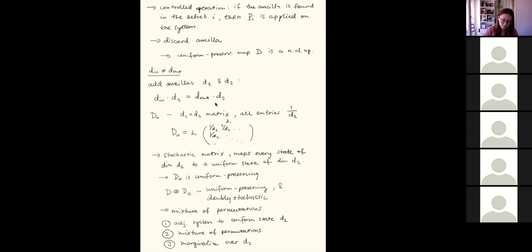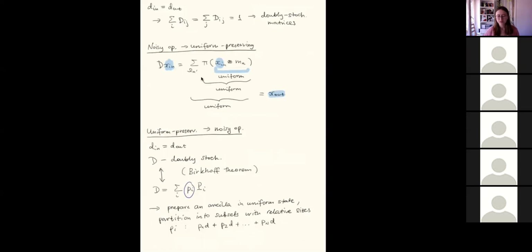So let me make this in green. This is noisy, this is noisy, this is also noisy. Marginalization is allowed, adding ancillas is allowed, mixtures of permutations are allowed. So this is all noisy, and we win. So what we've just shown is the following. To recap, we first showed that every noisy operation is uniform preserving, and then we showed that every uniform preserving operation is noisy, which means that these two classes coincide.